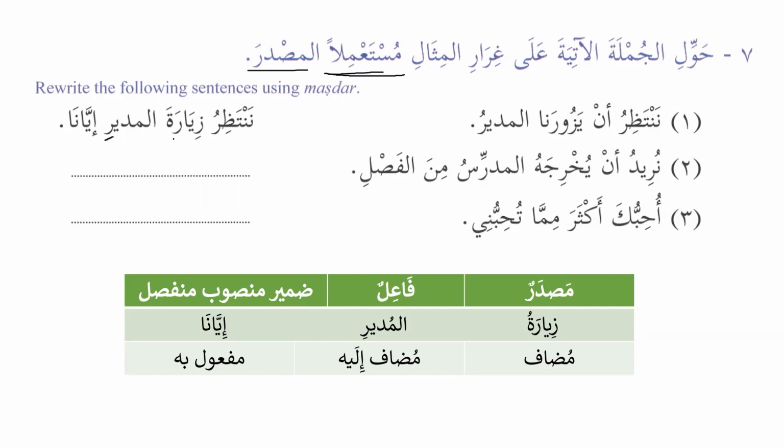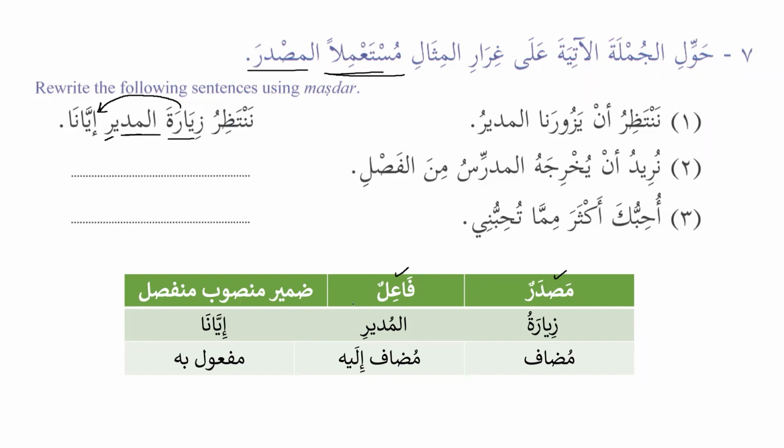But here, because we have masdar and after that it is used as mudaf, after the masdar, when it is used as mudaf, then we have to use the detached pronoun. If you see over here, ziyaratu is mudaf and al-mudir is mudaf ilayh. Similarly, ziyaratu is masdar and the masdar has fa'il as well, it has the doer as well.